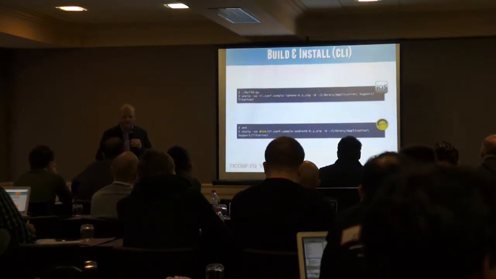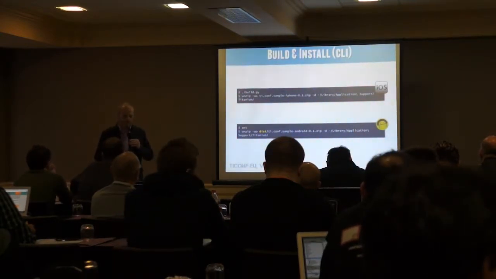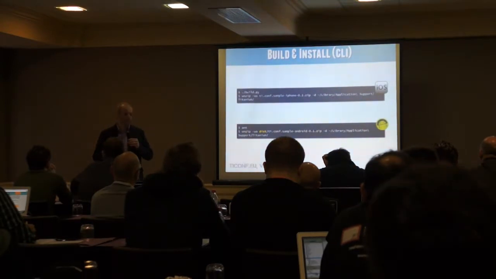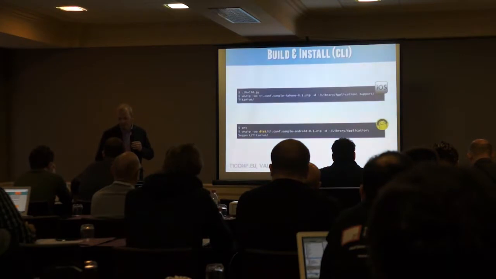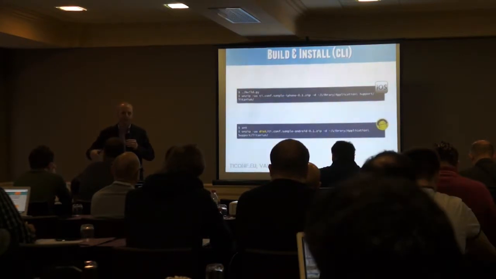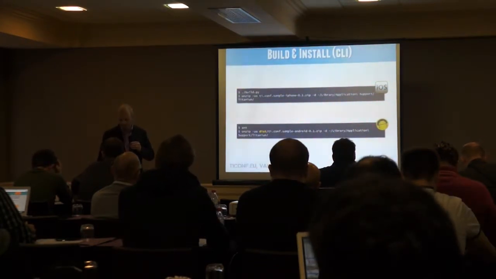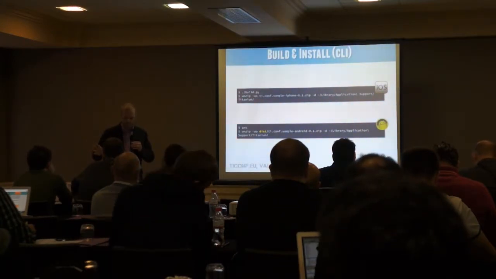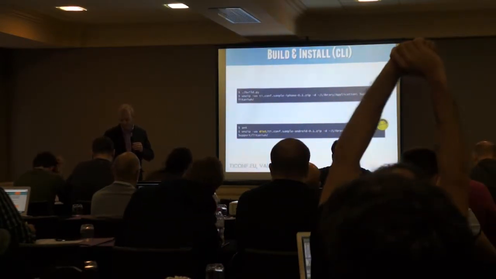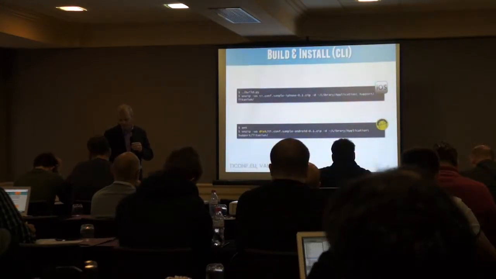When we build on Android, we don't use the build.py script, which is not available. We use the ANT tool that basically goes building all the stuff. And then the target package will be available under the distribution folder there.